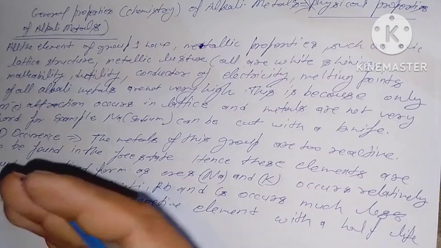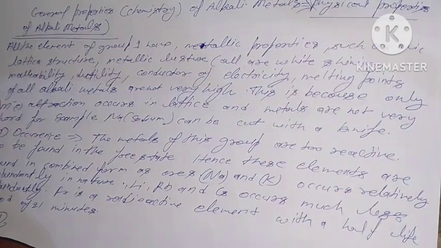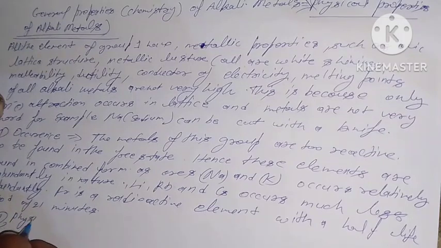Sodium and potassium occur relatively abundantly in nature, and lithium, rubidium, cesium occur much less abundantly, and francium is a radioactive element with a half-life period of 21 minutes. Okay, next, second point, physical state.